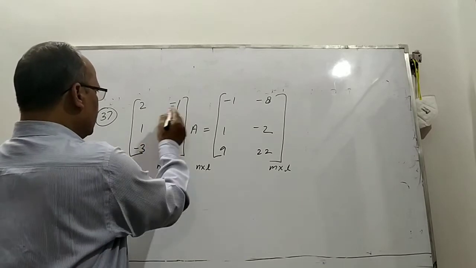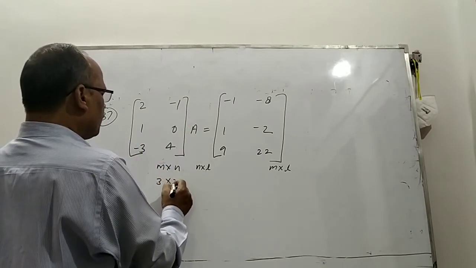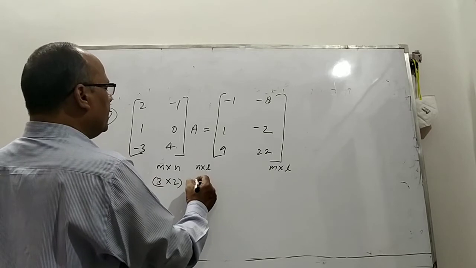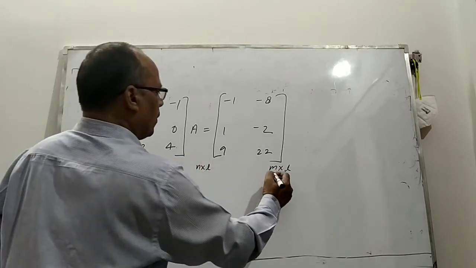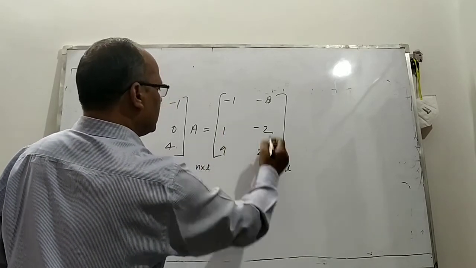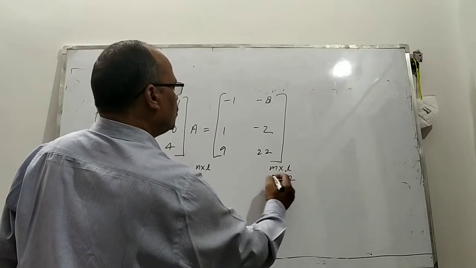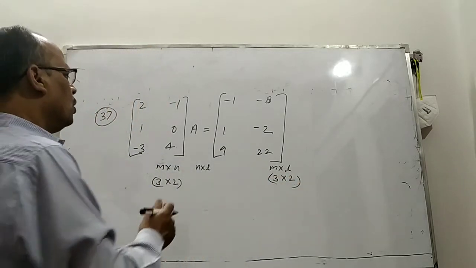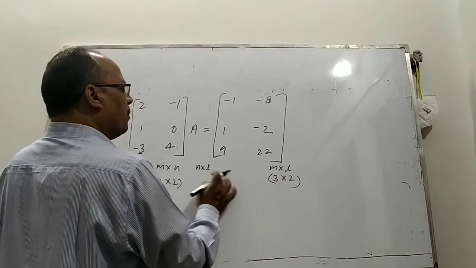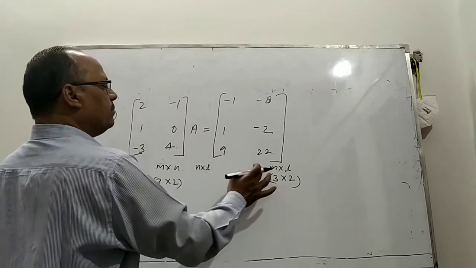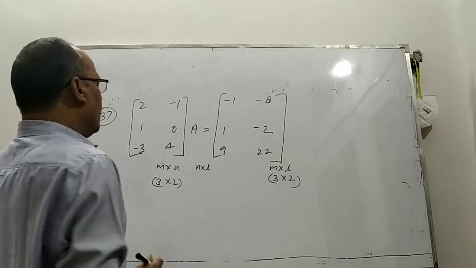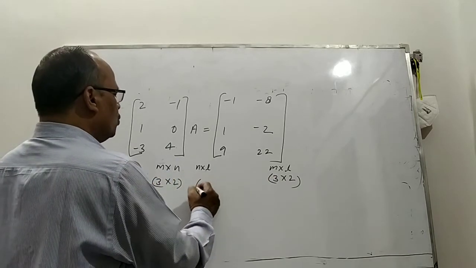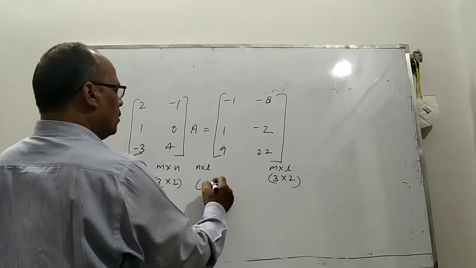Here this will be 3 cross 2, and here this will be, you don't know the order of this. Value of m is 3, value of n is 2, value of l is 2.